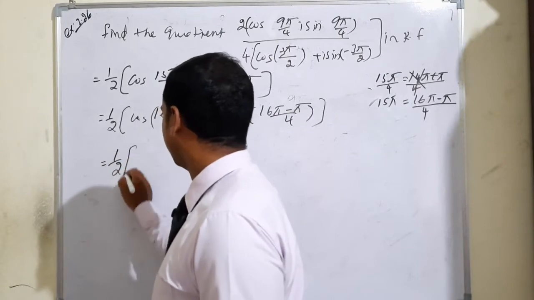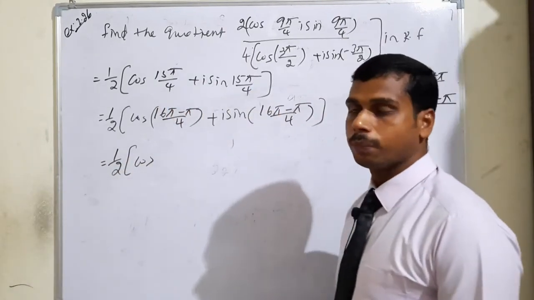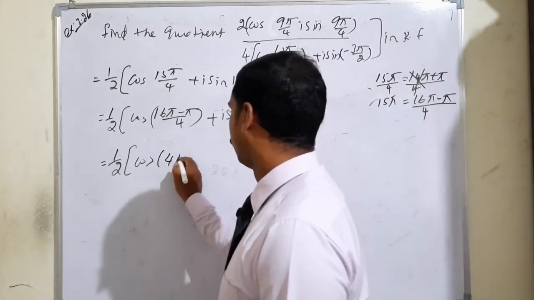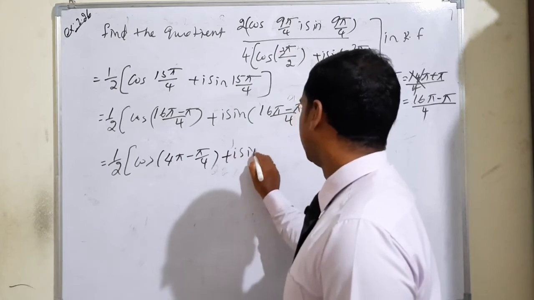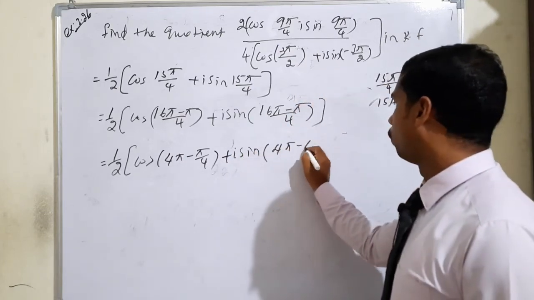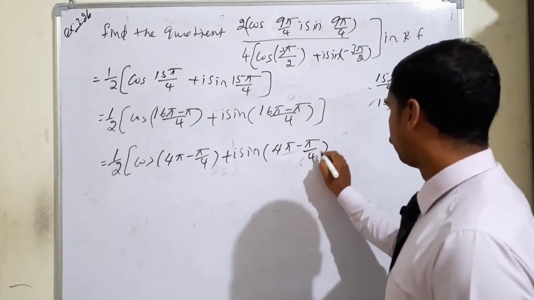Again 1 by 2 cos of, so 16 pi by 4 means 4 pi, we can consider it. So 4 pi minus pi by 4 plus i sin of 4 pi minus pi by 4.